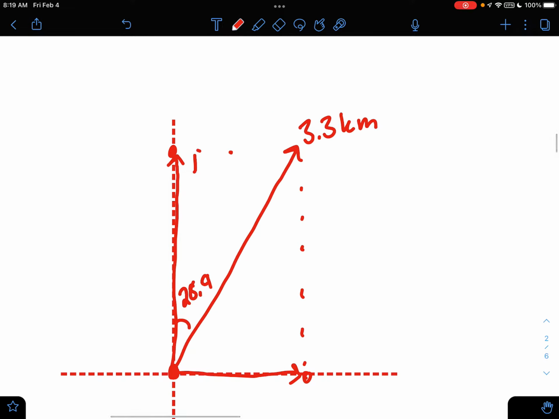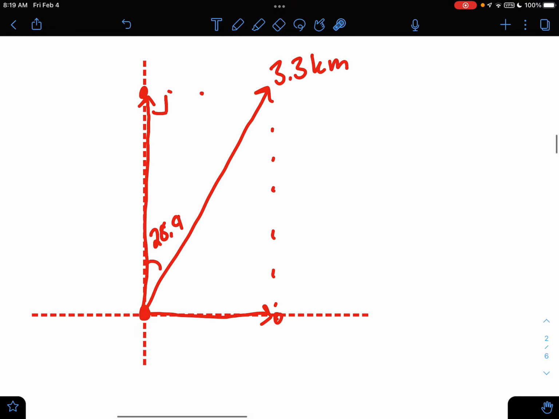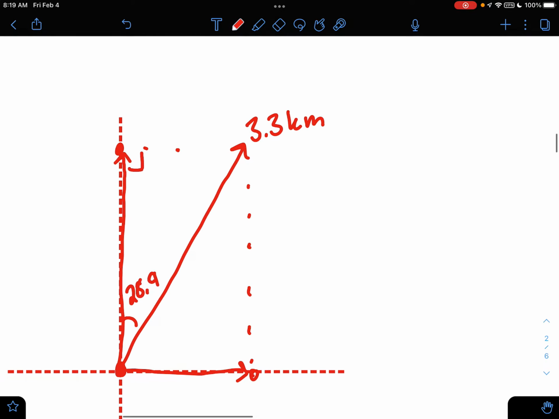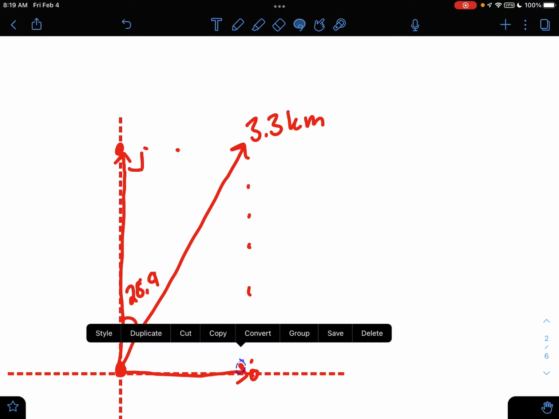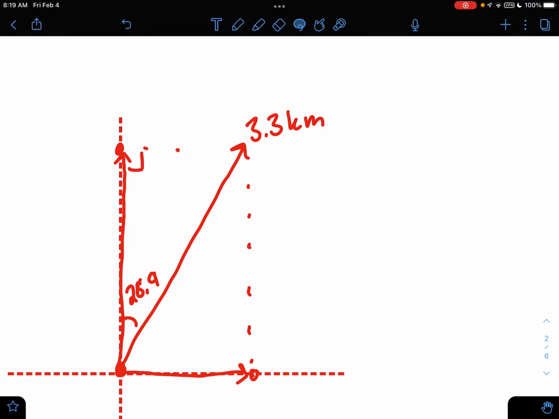Here's our best friend, our right triangle trig. We have a leg, a hypotenuse, and this one angle theta. So if I take this east vector that I drew, I just want the vector, and move it up here.